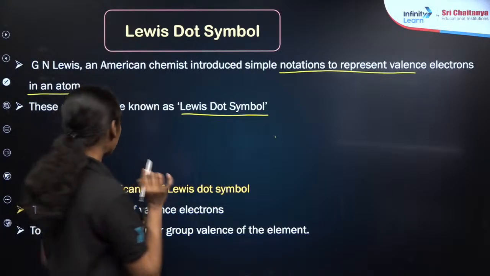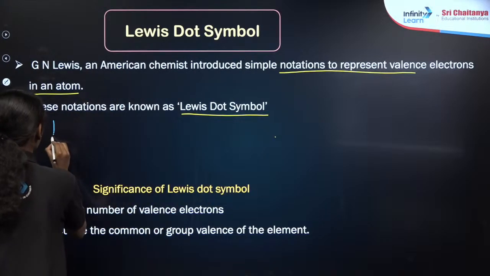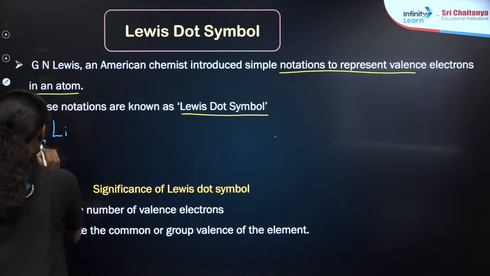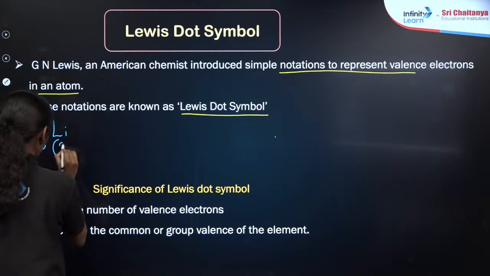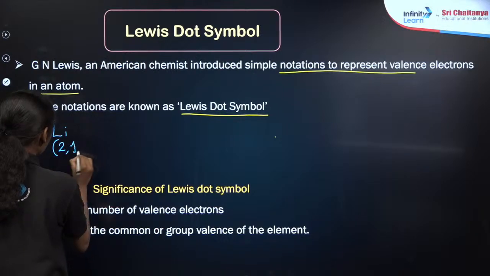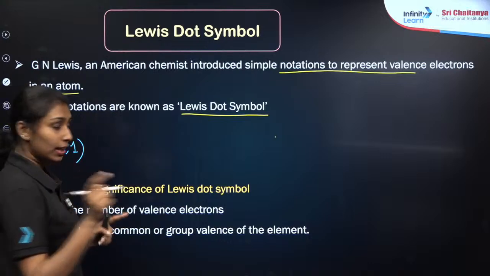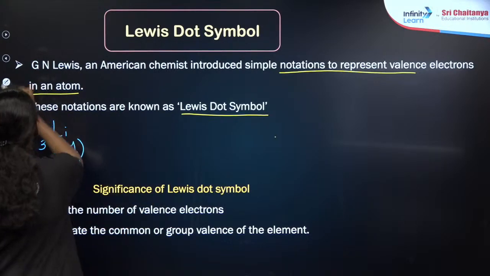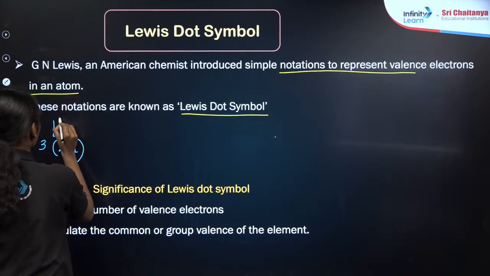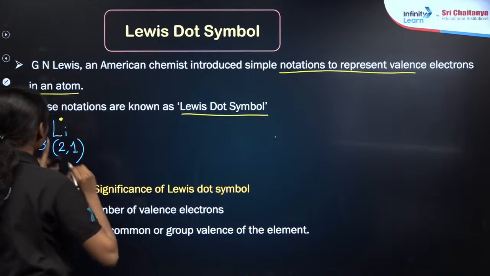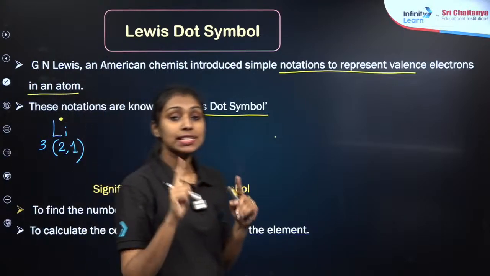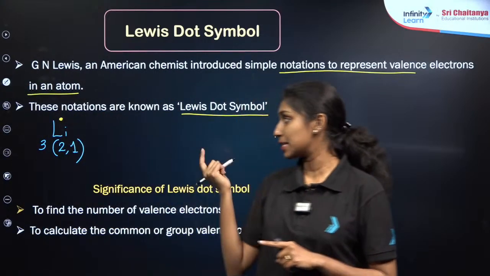For example, take the lithium atom. Lithium has atomic number 3 and electronic configuration 2, 1, right? So its number of valence electrons is 1. So we represent the lithium atom as lithium with 1 dot over it, which represents the 1 valence electron present on the lithium atom.